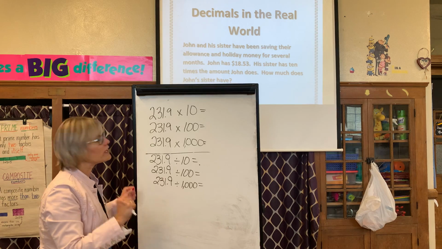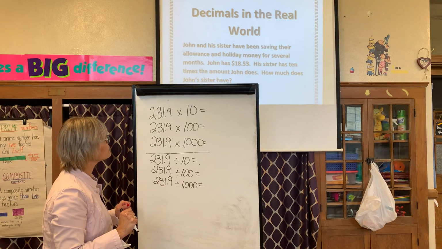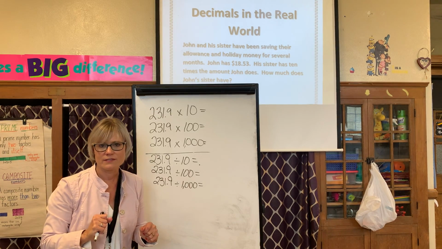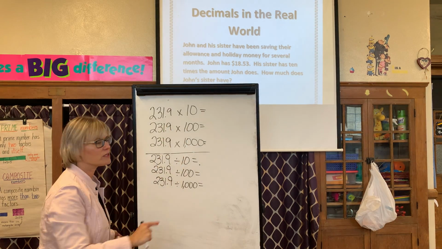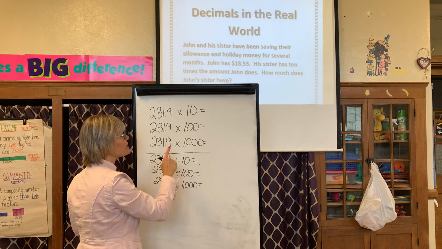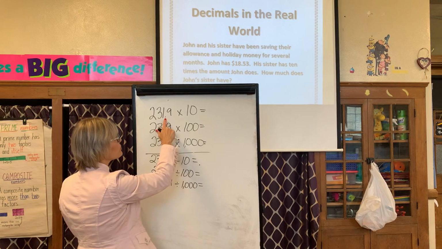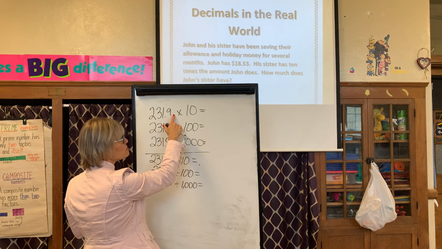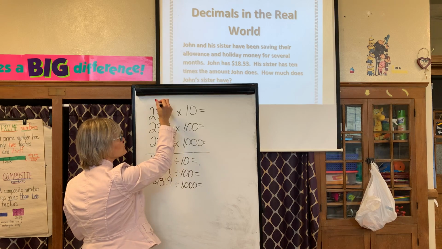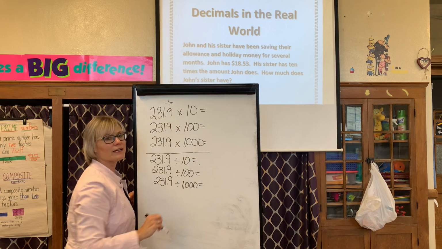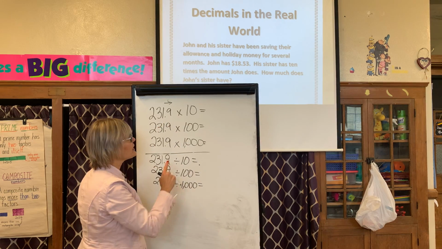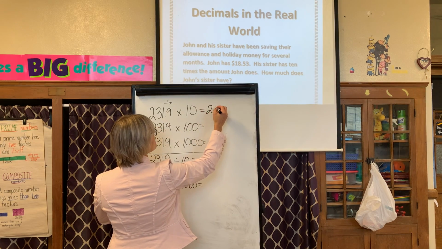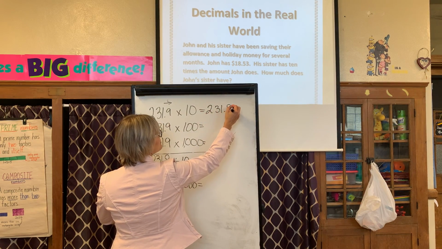So we are going to get started with 231 and 9 tenths. This time we know that we are increasing the number because of the multiplication. We're increasing it by 1 place. So when we increase it by 1 place, we take the decimal and we move it 1 place to the right. That increases the number. So instead of 231 and 9 tenths, now we have, let me write that original number.